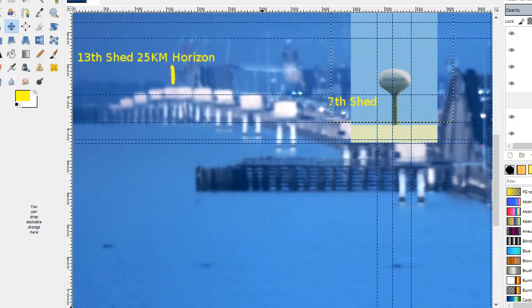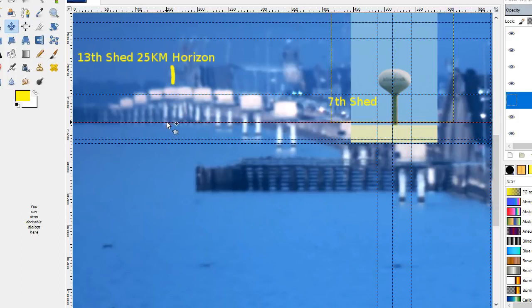In what direction is the water tower off? So basically lining up the horizon with, do you mean on the globe or on the flat model? Because on the globe model, our horizon should be here at the base of the 13th shed, which is 25 kilometers away, just a bit further, but that's where our 50-meter observer height puts the horizon line at.